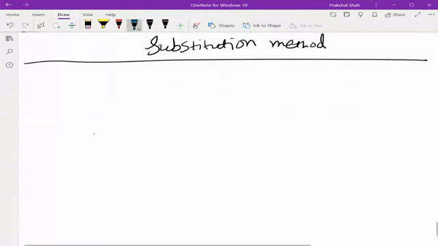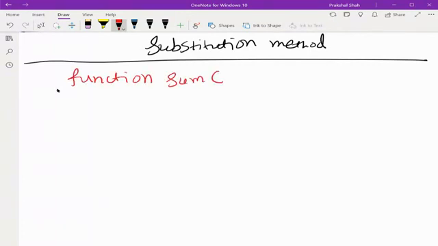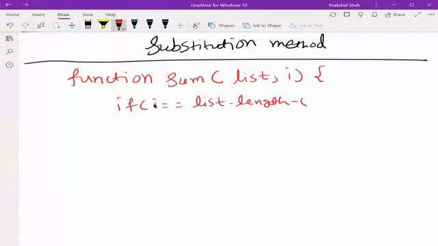So guys, in that particular question, as far as I remember, it will be like this: a function sum, in that we have a particular array, in that i, and we have the base condition that whenever my i is equal to list dot length minus 1, then I need to return whatever my list of i is.